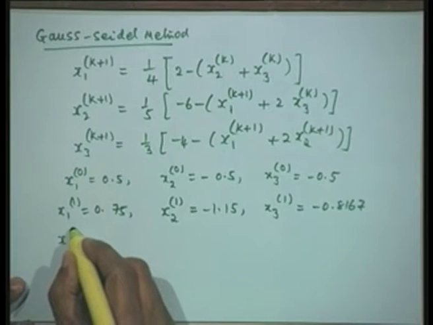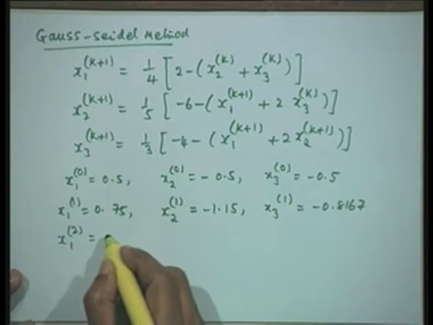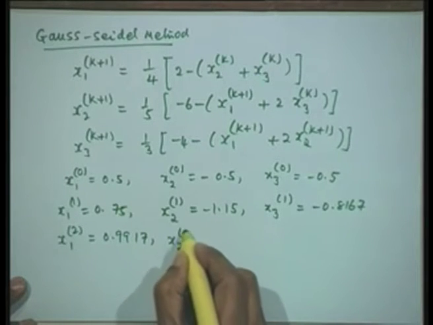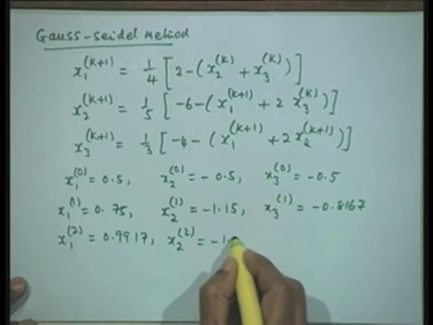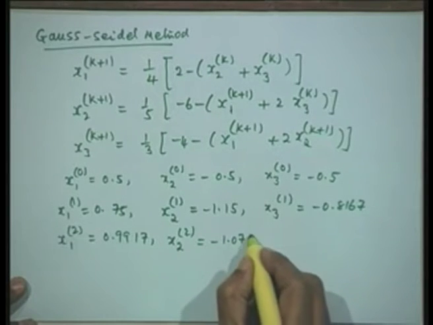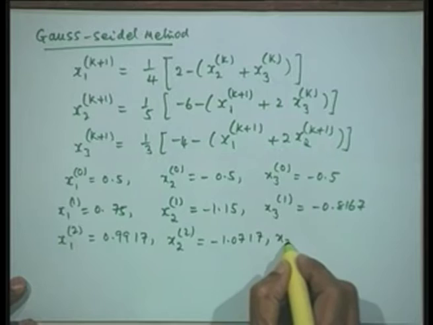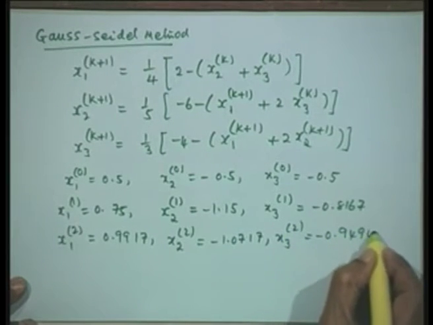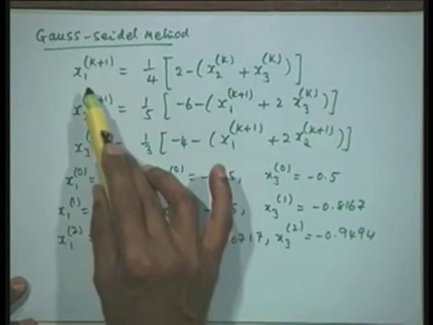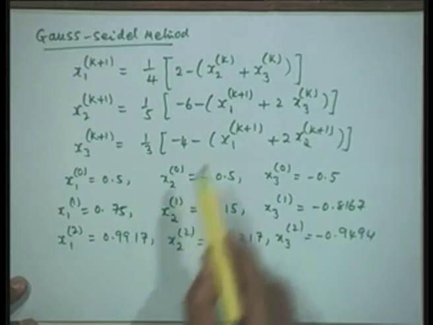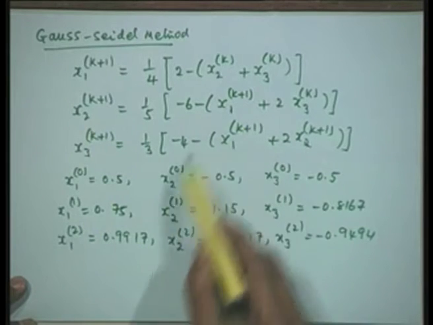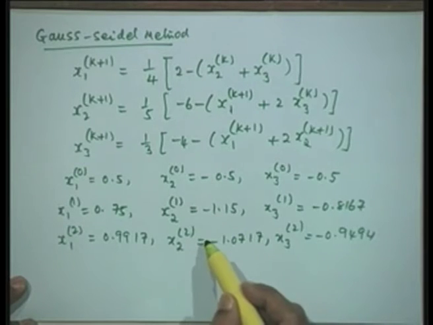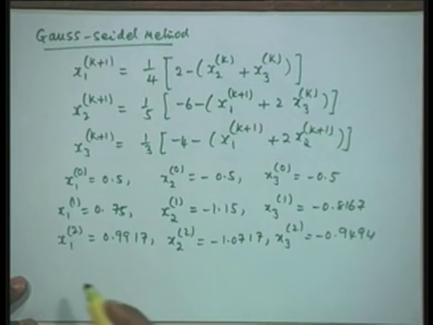So, I would give you the remaining iterates also. What I would get here, x 1 of 2 is equal to 0.9917, x 2 of 2 is minus 0.717, x 3 of 2 is 0.9414, wherein I have used in the first step the previous iterated values and in the next step I have used this contribution here, and in the third value we are using both these current iterates here and then obtaining this value.